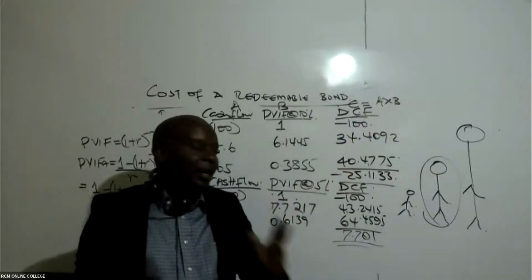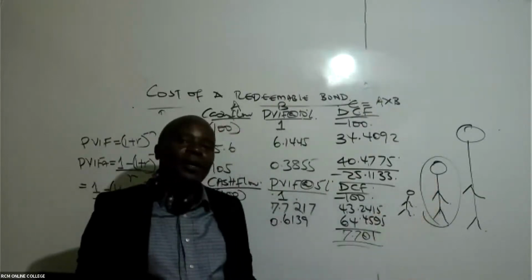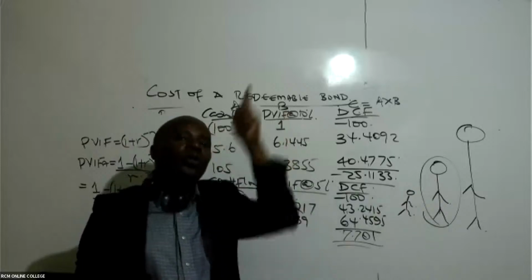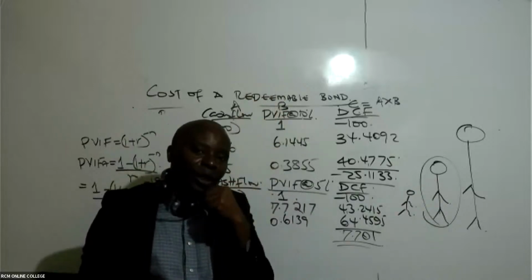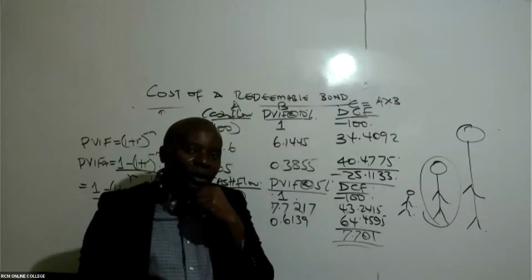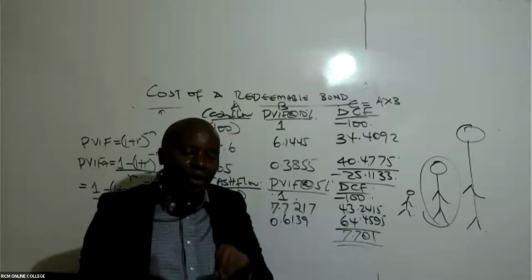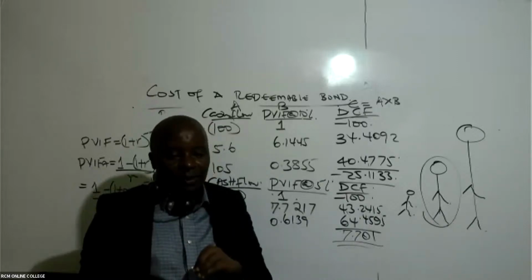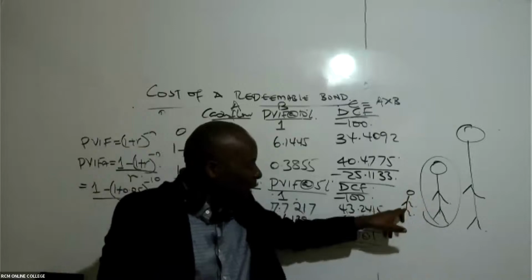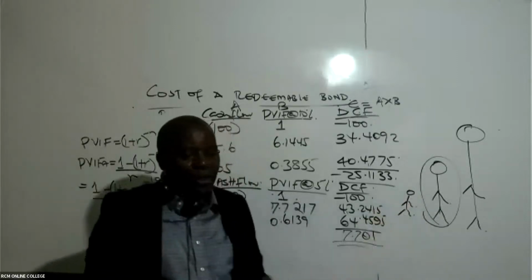Can I go to a bigger cost of capital if I want to win? No. So the next match, if I want to win, I can only fight somebody who is smaller.